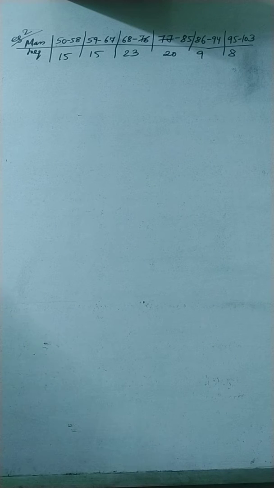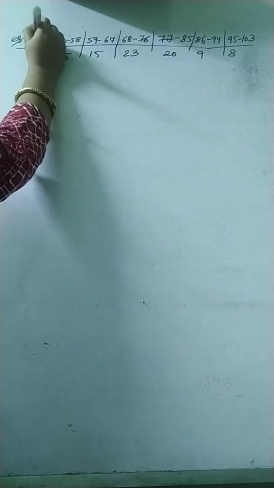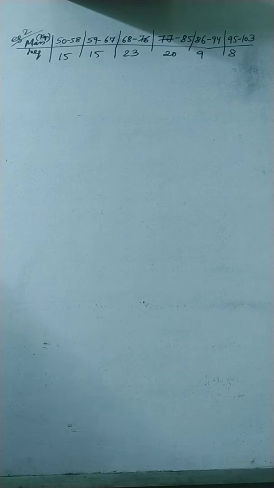The mass obviously is in kgs. 50 to 58, then 59 to 67, 68 to 76, 77 to 85, 86 to 94, and finally 95 to 103. Frequencies are also given as 15, 15, 23, 29 and 8. You are asked to find the quartile deviation as usual.